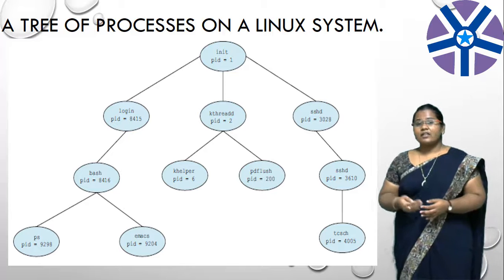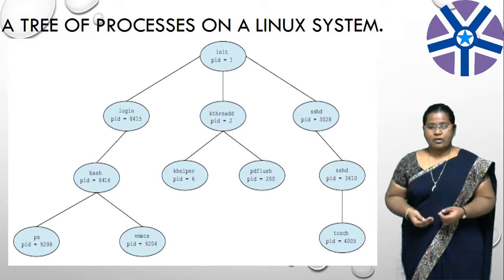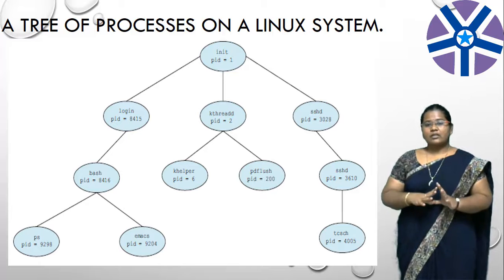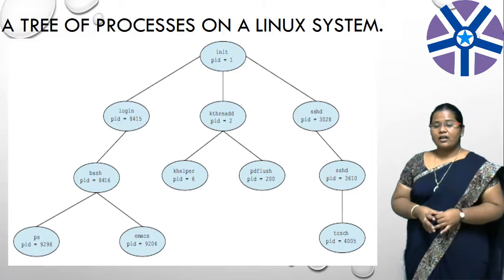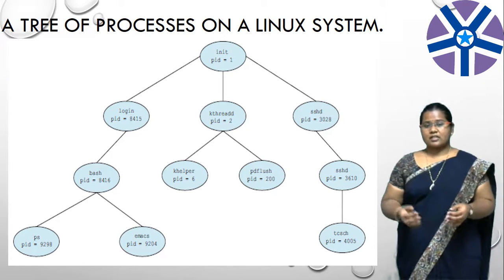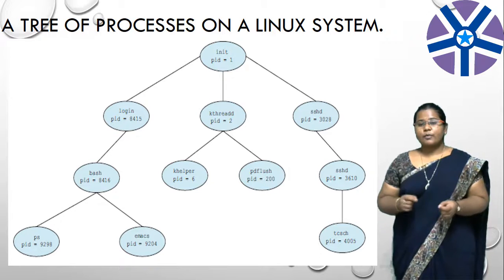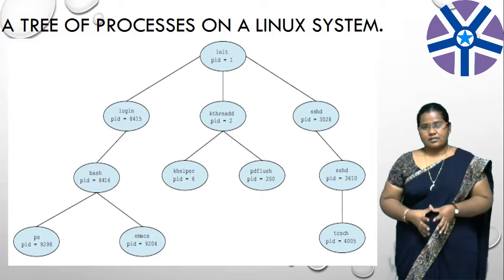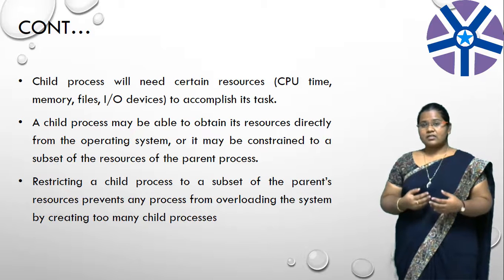Then the next child of the init process is the kthread process, which in turn has two child processes, khelper and pdflush. kthread is responsible for allocating and deallocating resources for the processes, and SSHD is a secure shell, the process used to provide security for the users who are logging into the operating system.